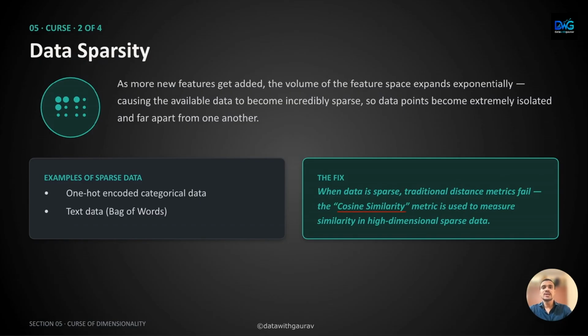Instead of comparing the absolute distance between two points, cosine similarity compares the angle between their vectors, making it much more effective for measuring similarity in high dimensional sparse datasets, especially in applications like text mining, document retrieval, or even recommendation systems. We'll study cosine similarity in detail later in this course when we work with high dimensional sparse data.